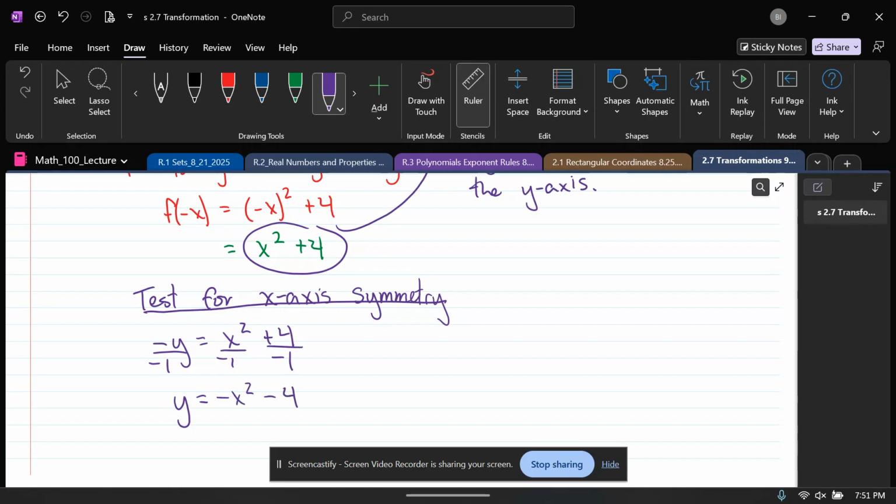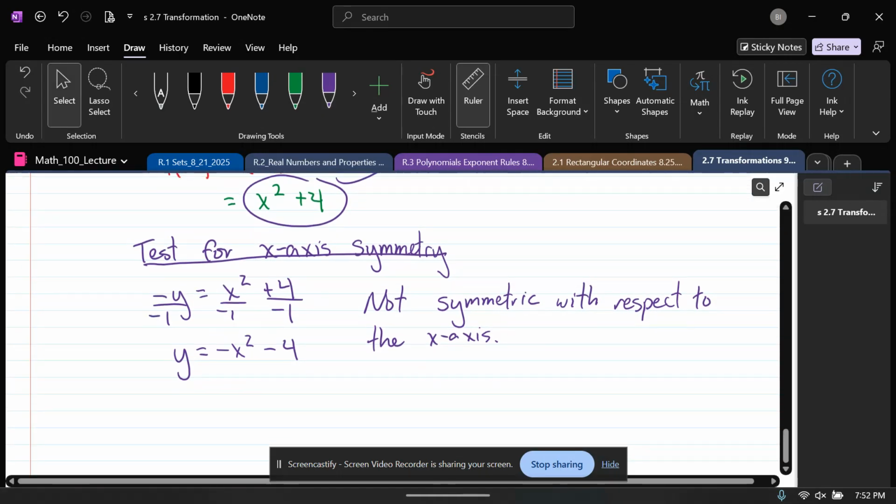Is that the same? Completely the opposite. Not symmetric with respect to the x-axis.